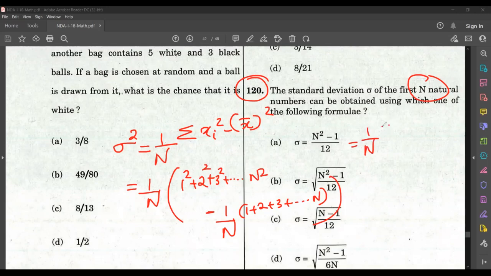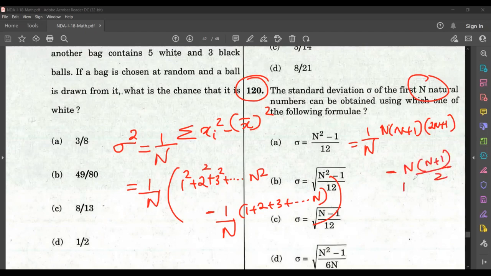N natural numbers. It is n into n plus 1 into 2n plus 1 by 6, minus, this will become n into n plus 1 by 2.